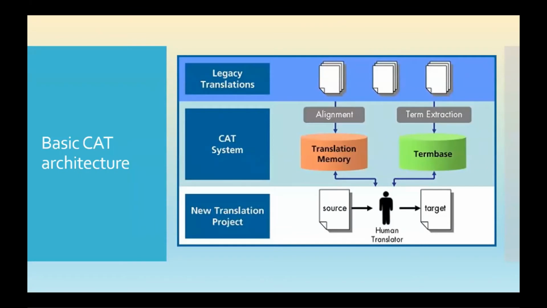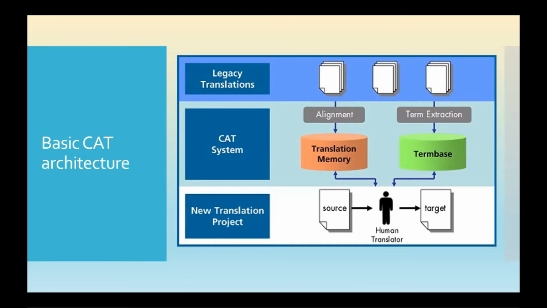So the basic way a CAT tool works is shown in this graphic here. Starting from the top, we have some existing translations. I've just mentioned the alignment tool. So these are translations that somebody did, it might be yourself, before you use the CAT tool.